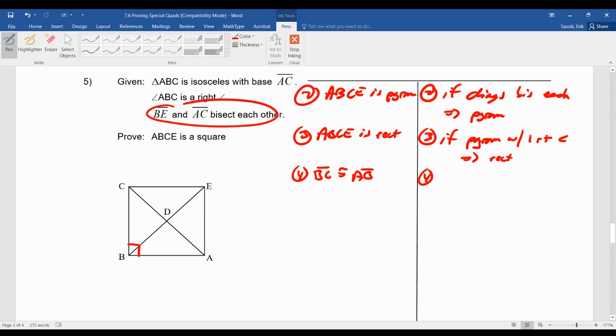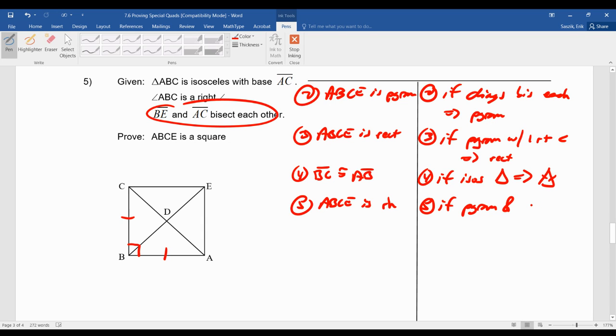Well, that's not because of the rectangle, but if isosceles triangle, remember going back to the given information, if isosceles triangle, then you have those sides. So now we can say that ABCE is a rhombus because if parallelogram and consecutive sides congruent, then you have a rhombus, and now we can say it's a square, right?